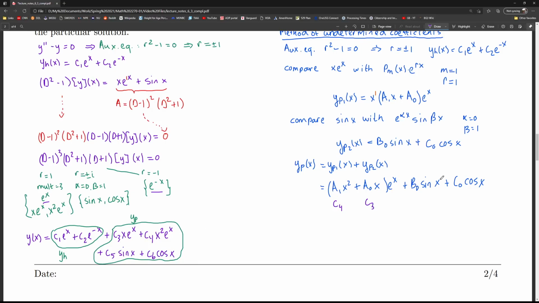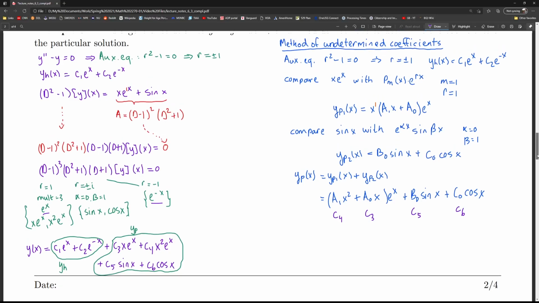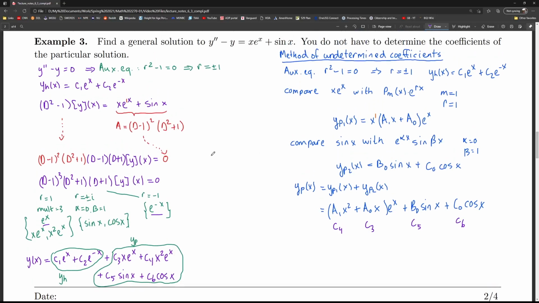The b naught, that's actually c5, and the c naught, that's c6. So it's an alternative way of doing the method of undetermined coefficients. We're basically doing the same thing, but with a slightly different way of doing our work.